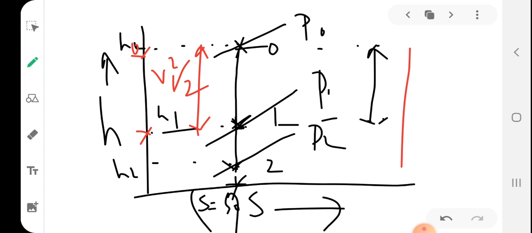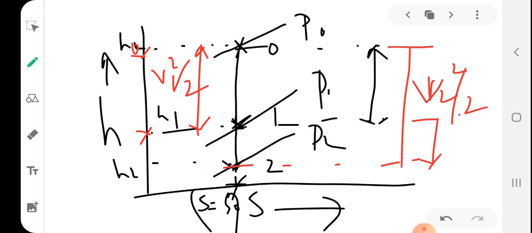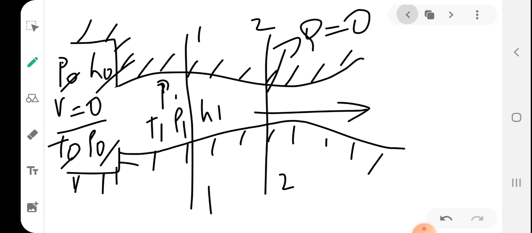Similarly, what will be this difference, H0 and H2? V2 square by 2, right? So the difference between these will be V1 square by 2 and V2 square by 2. What will be this difference? V2 square minus V1 square by 2. Okay. So you have understood how to calculate the difference between the enthalpy at any two cross sections.